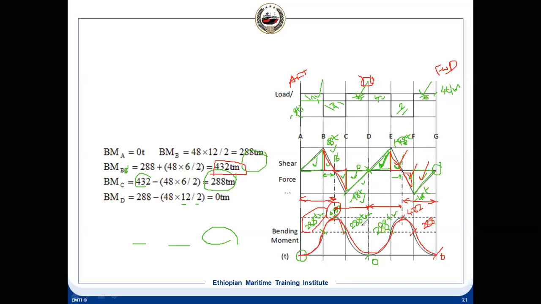Because for each vessel, there is a maximum value of shear force and bending moment due to the structural strength. If that is not maintained, if the ship exceeds that value, then what will happen? There will be structural failure. So that is the reason it is important for the ship to calculate the shear force and the bending moment. That is the actual application for the vessel.